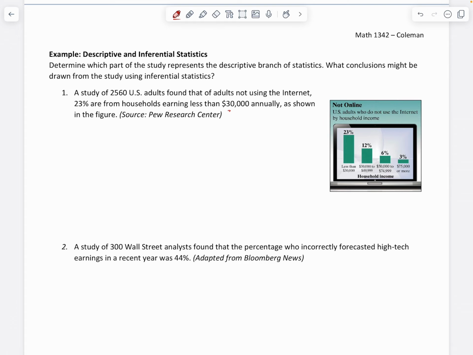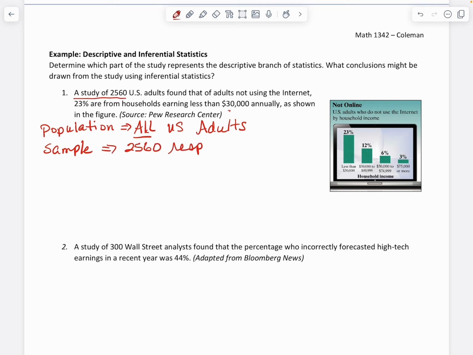So let's look and dissect what this is. We're looking at only 2,560 U.S. adults. So the population in this case would be all U.S. adults. The sample is the 2,560 respondents, those who responded to the survey.